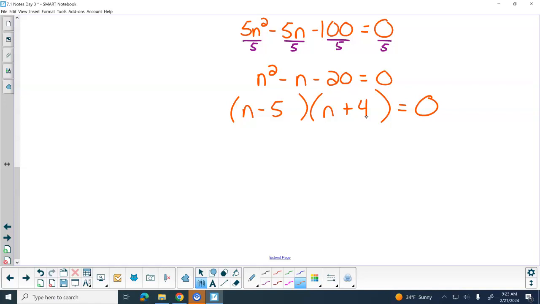Because it's a great problem. Each of them equals 0? What do we get? It's 5, and it's negative 4. Right? Now what do we got?